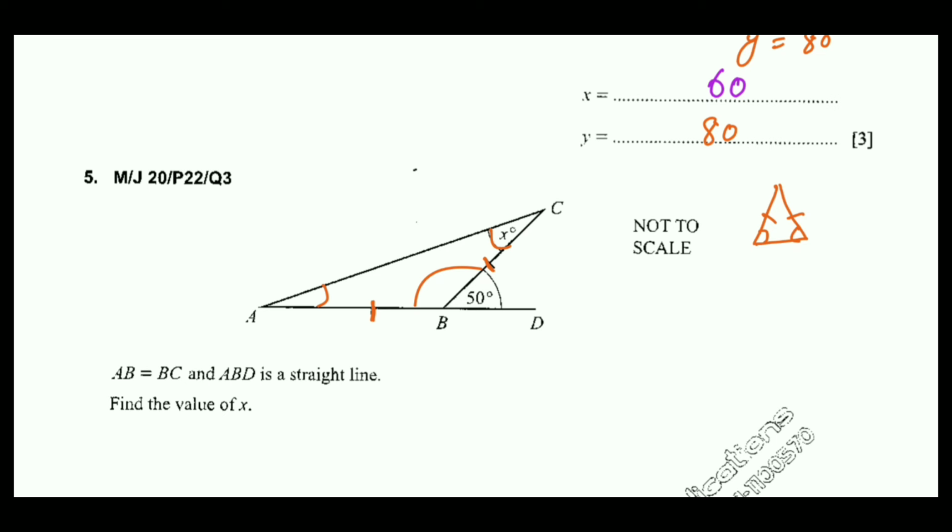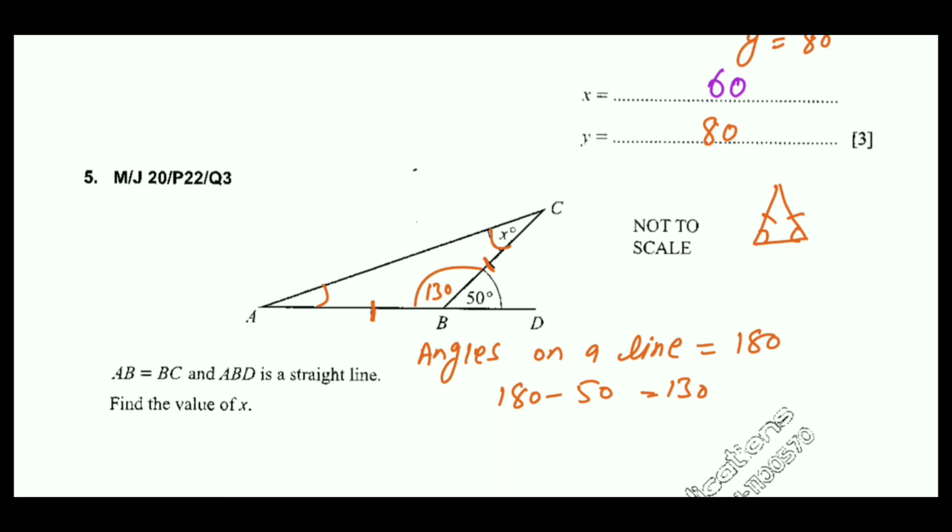The property is that angles on a line is equal to 180, so the sum of angles on a line is equal to 180 degrees. So 180 minus 50 is equal to 130. It means this is 130.